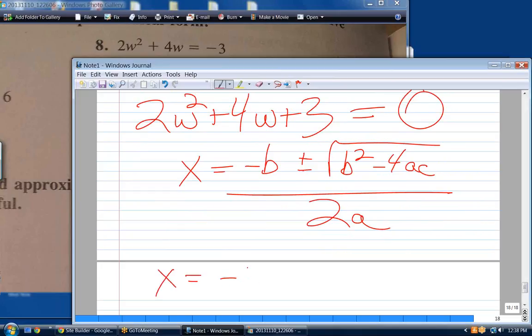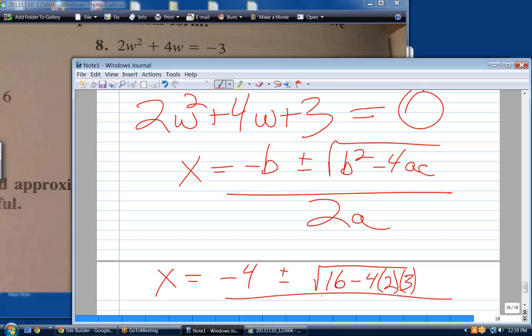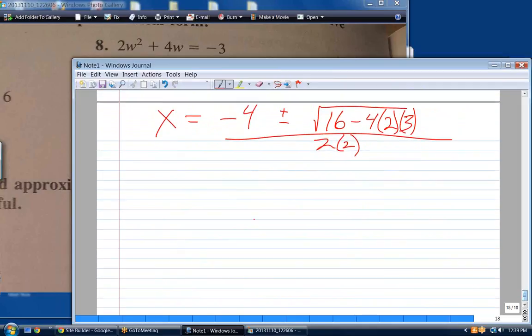Negative 4, negative 4 plus or minus square root of 16 minus, would it be 24? Yeah, well, just put a 2 in there. Let's not do it in multiple steps. Let's do it in single steps. Okay. Now let's simplify.